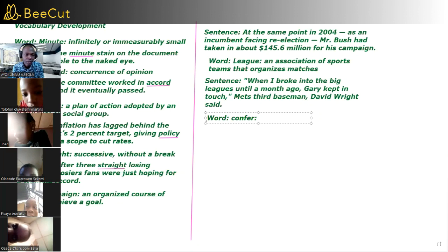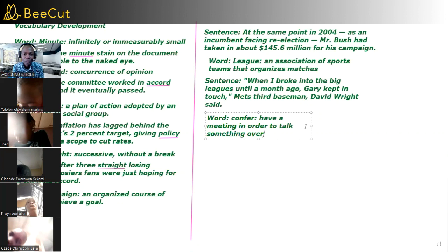So this is confer, not confirm. To cross check, yeah, still talking about confirm. Confer simply means to have a meeting, or to gather together to have a meeting in order to talk over something. Okay, but confirm is what you've been talking about.